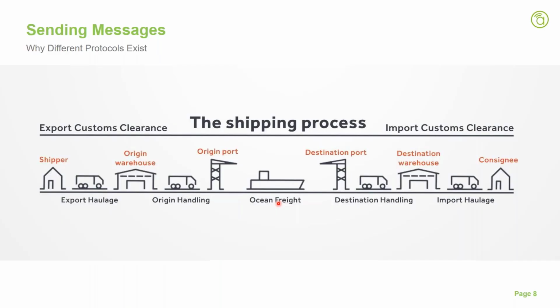Now, going back to the mail system, if you want to ship something internationally, the infrastructure gets even more complicated. Assume you want to go from your house here to a recipient, let's say in the UK.